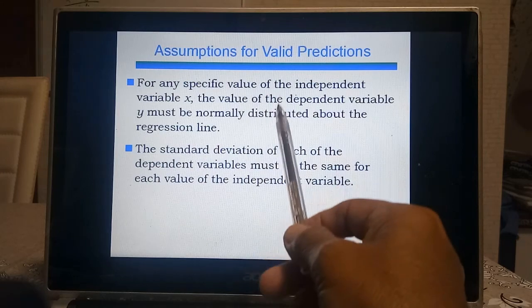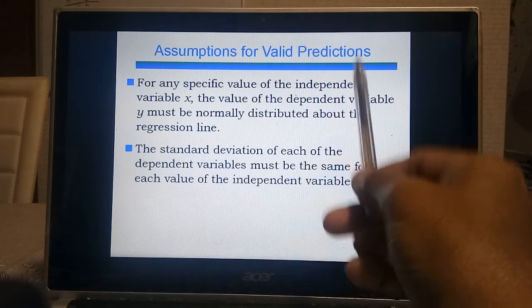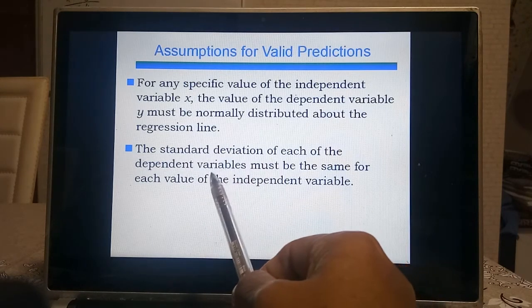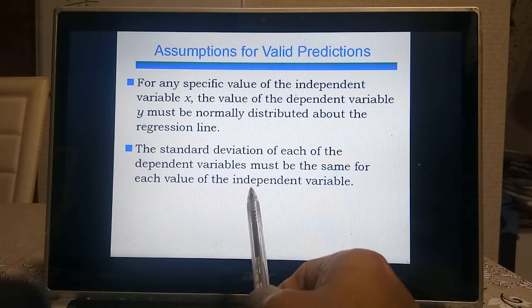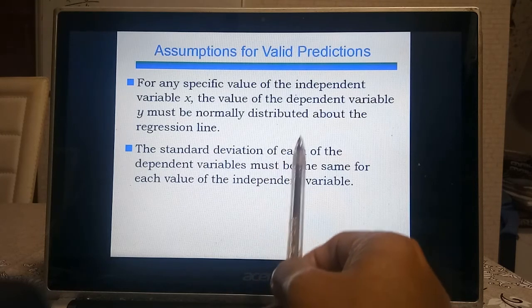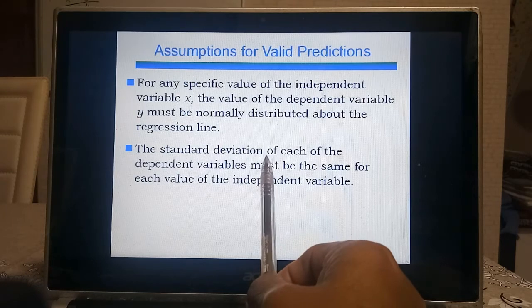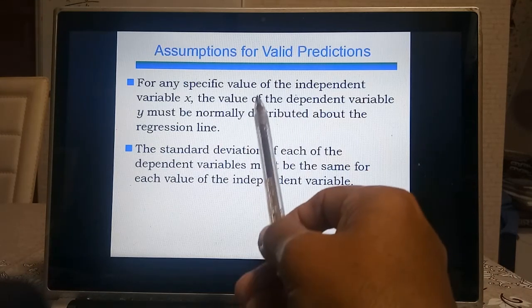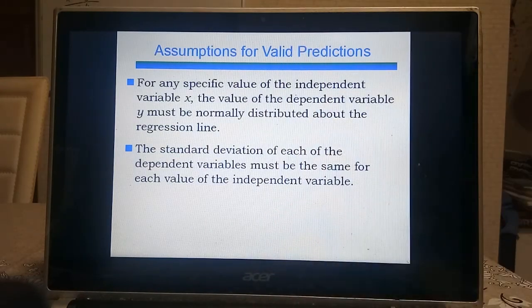Okay, second one, the standard deviation of each of the dependent variables must be the same for each value of the independent variable. So standard deviation tu mesti sama. So these are two assumptions that we need to make before making predictions.